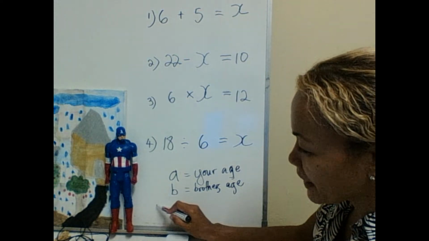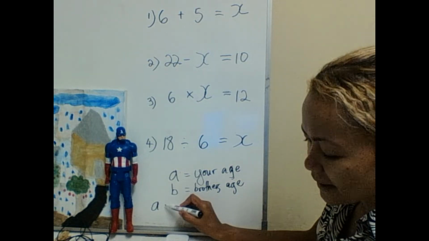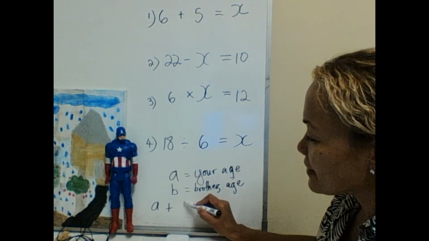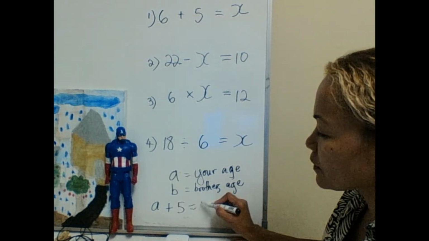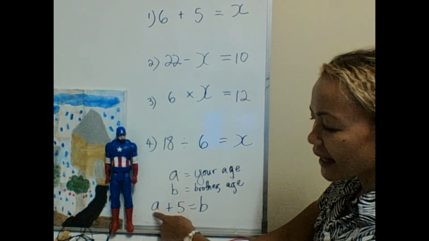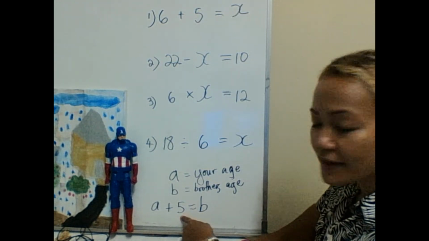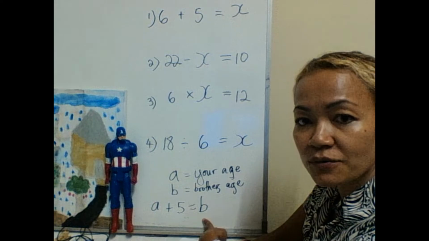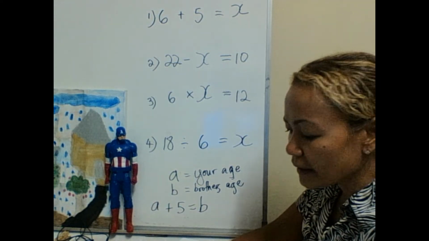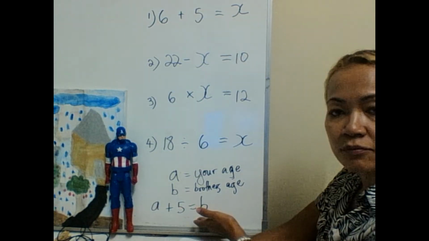We can write an algebraic equation to say A, which is your age, plus 5 is equal to B, your brother's age. So your age plus 5 years is equal to your brother's age. So that's all the definition of algebra really meant. And this is a very simple relationship.